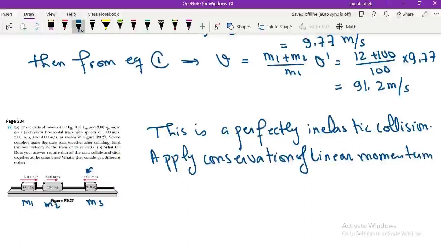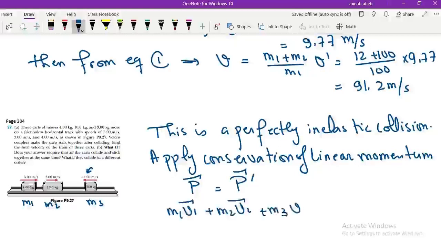Okay, so in this case P before is equal to P after. Before, I had M1 V1 plus M2 V2 plus M3 V3. I'm writing them as vectors. It's equal to, they all stick together, so they will form one system, M1 plus M2 plus M3 times V.